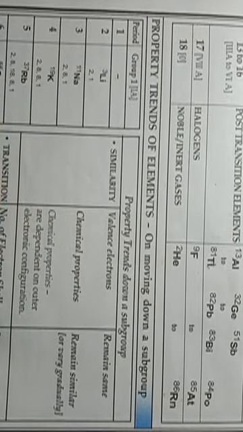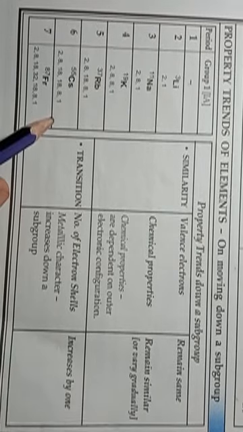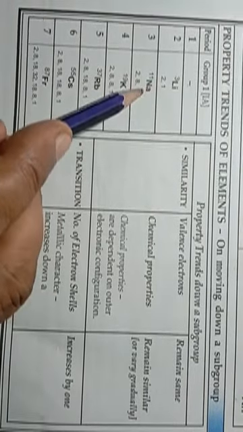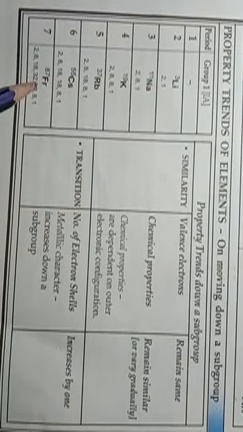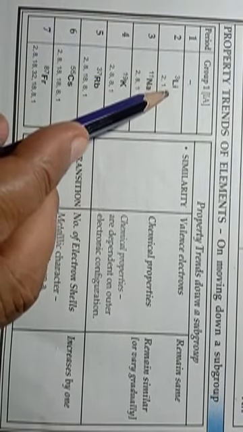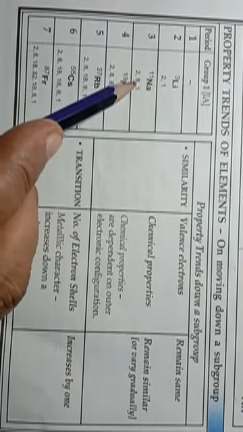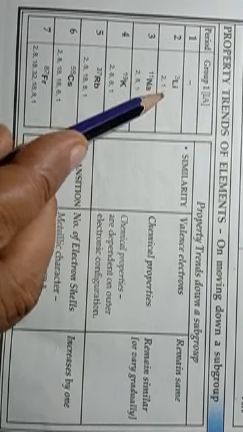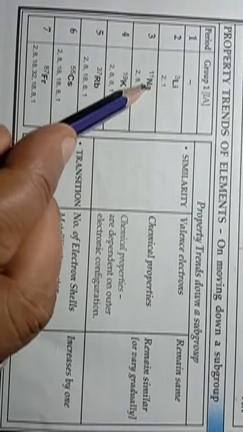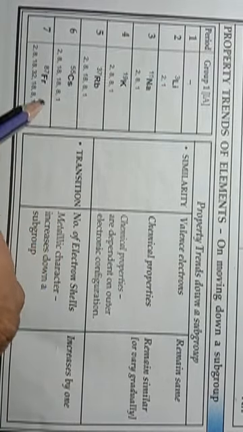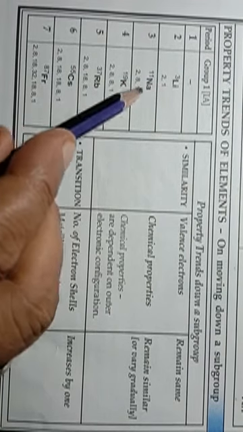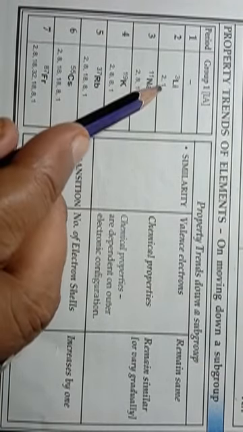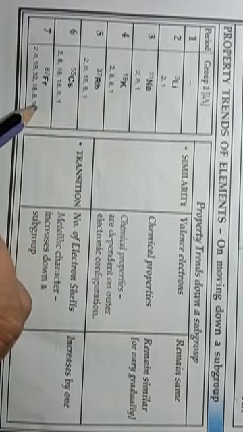The rest of the elements are present here: lithium, sodium, potassium, rubidium, cesium and francium. You can see from their electronic configuration that all these elements have the same type of configuration in their valence shell, and also the same number of valence electrons in the outermost shell.